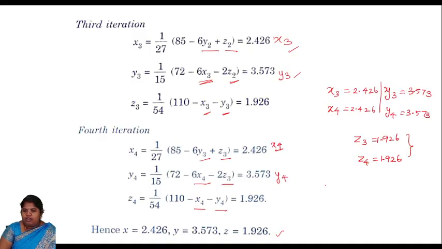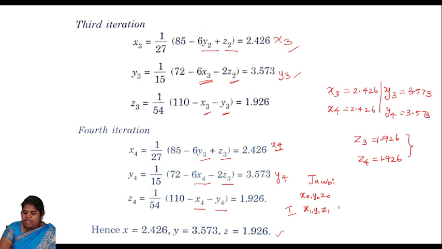So, one important concept is in the Jacobi method, we take the initial iterations as x0, y0 and z0 and substitute the values of these in the place of x, y, z to obtain the first approximation x1, y1 and z1.